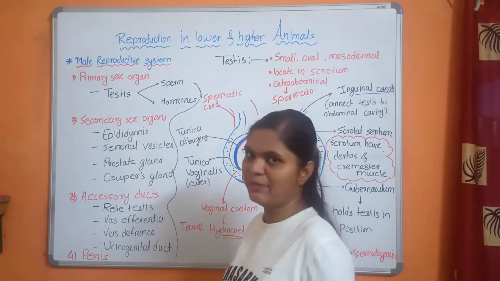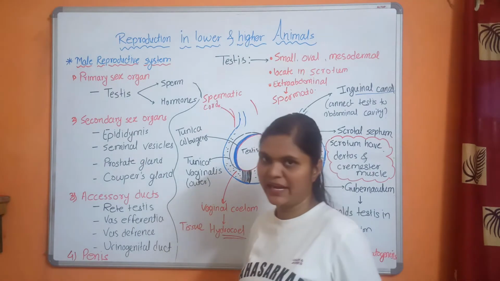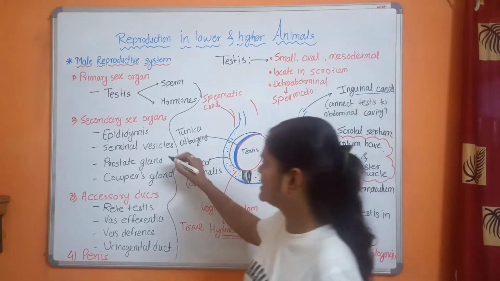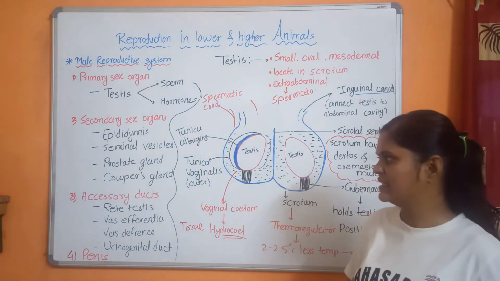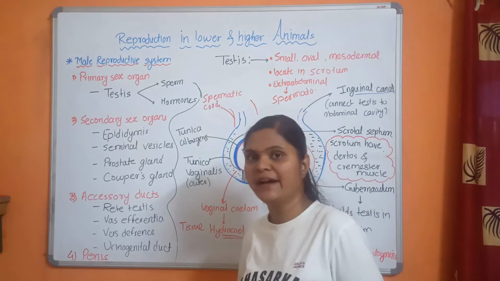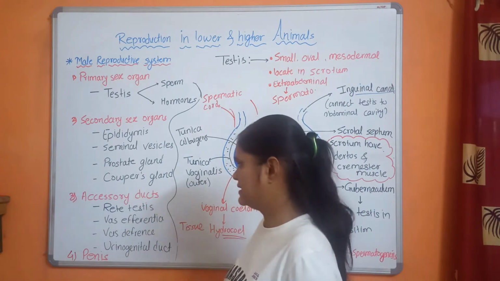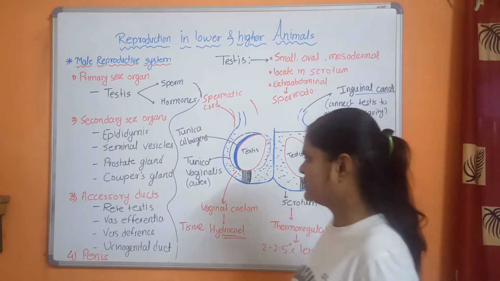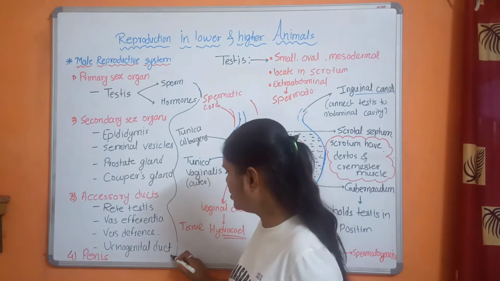So the epididymis, a highly coiled structure, then glands like the seminal vesicle, prostate gland and Cowper's gland are secondary sex organs, and then some accessory ducts which carry the sperm cells, such as rete testis, vasa efferentia, vas deferens and urinogenital duct.